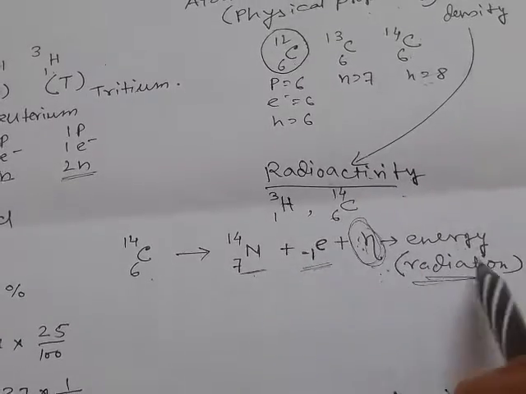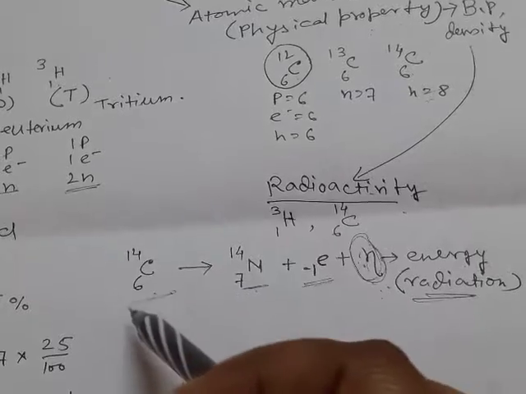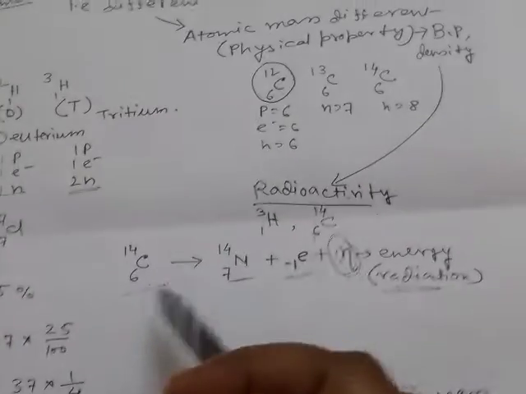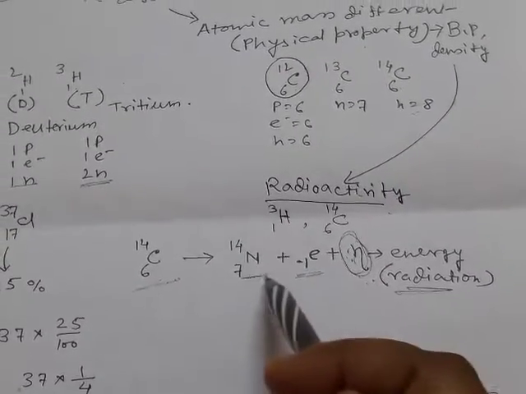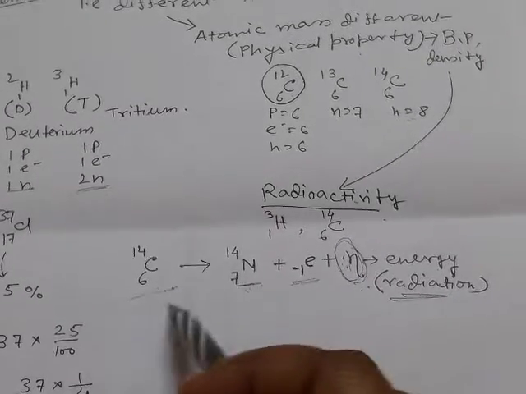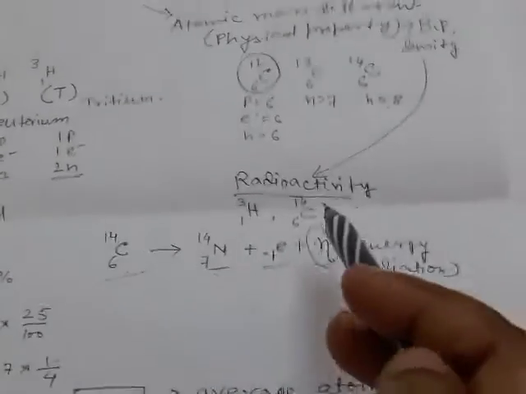This is called radioactivity, and the isotopes are called radioisotopes. That is the spontaneous decay of the nucleus. So through radioactivity we get from one nucleus another nucleus, that is the nucleus of another element, and this conversion is not possible through simple reactions. So radioactivity is another physical property.